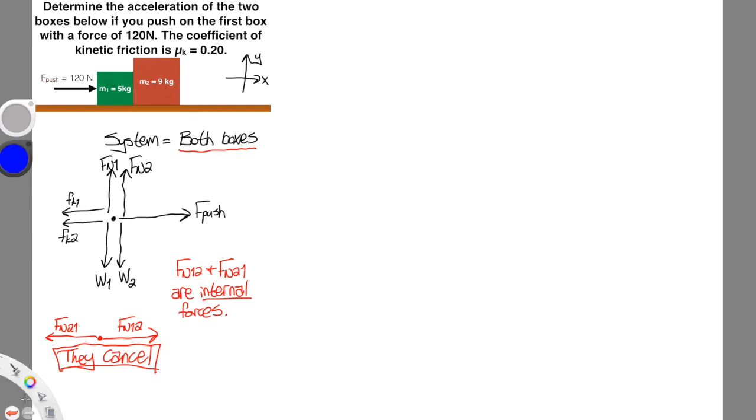So our acceleration is still in our x direction, so it makes sense to start with our x direction. The right-hand side of this equation will be equal to ma, but I'm going to write the left side first. For our x forces, we have a push force in the positive x direction.